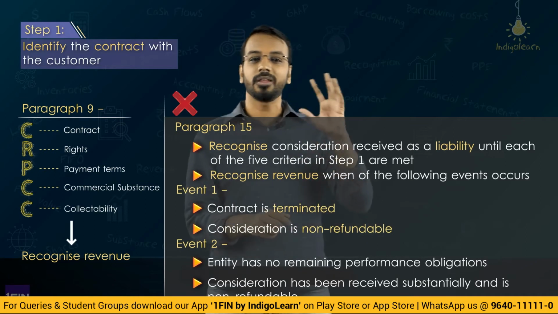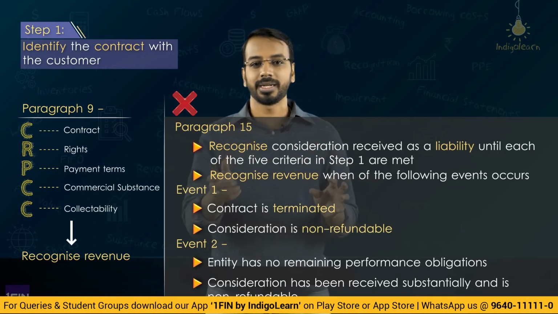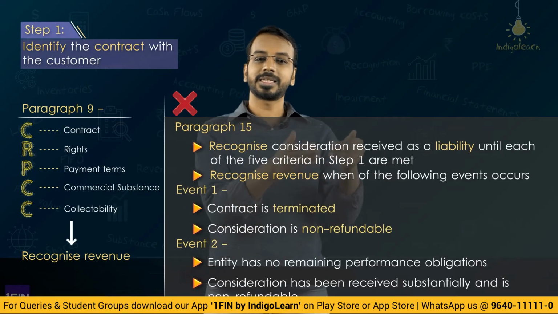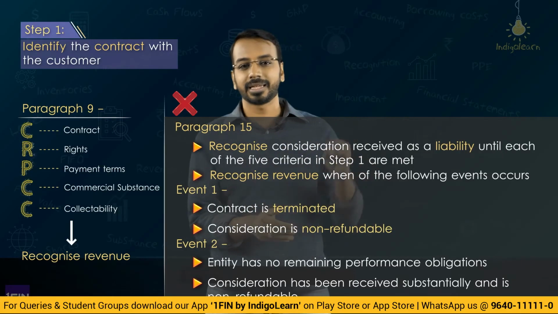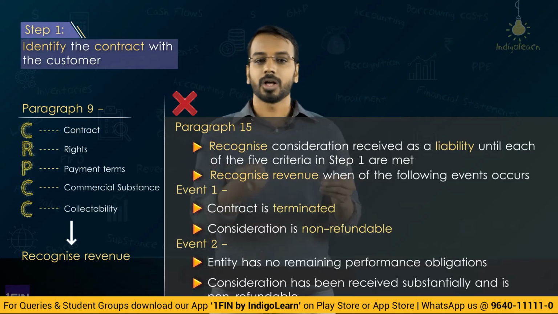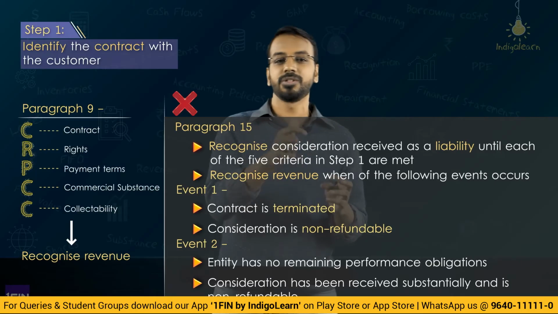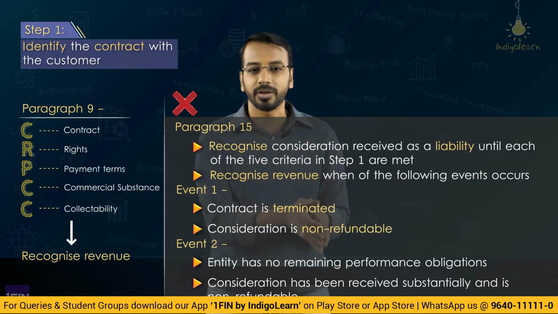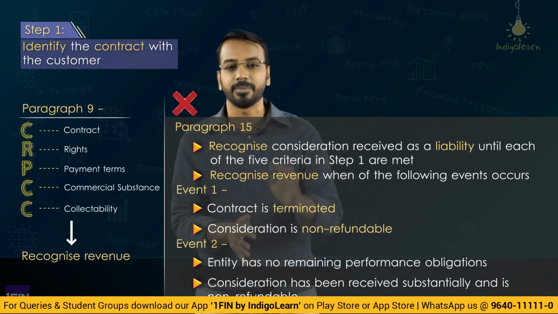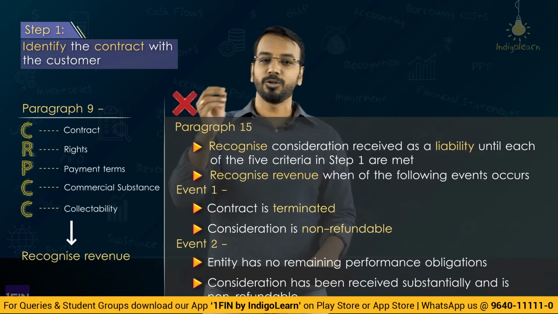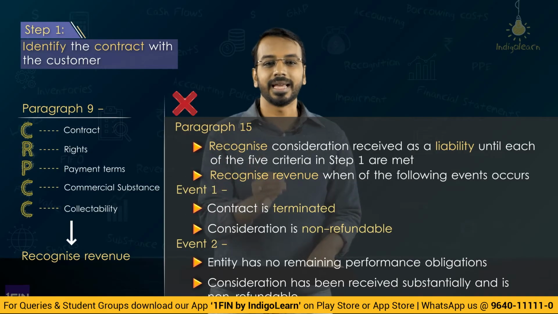So, either meet all the 5 criteria as per step 1, that is paragraph 9, then you can recognize revenue, or the event stated in paragraph 15, that is either the cancellation of contract or receipt, or no further obligation on the entity and amount received from the customer which is non-refundable. If any of these 2 events happen, even then revenue can be recognized. Seems slightly complex, but you have to note this properly. Only then you will be able to decide when to recognize revenue.